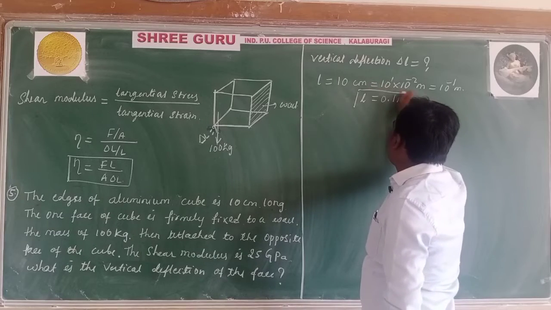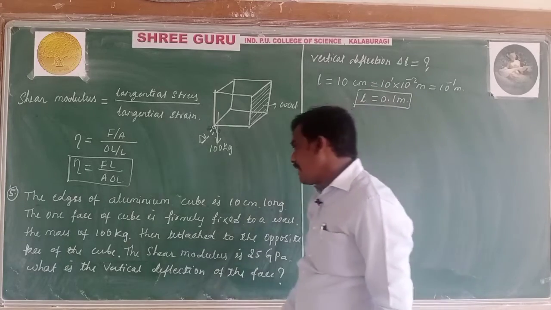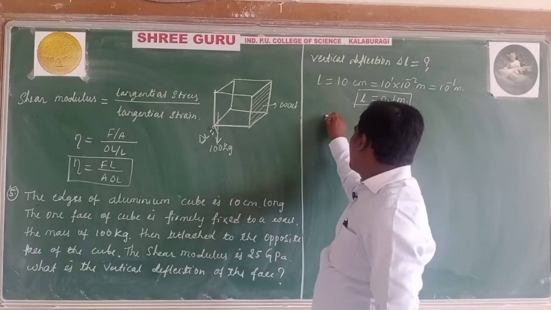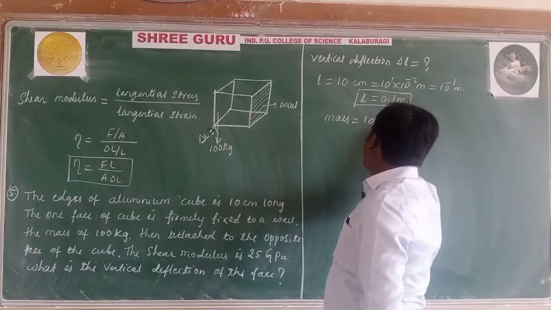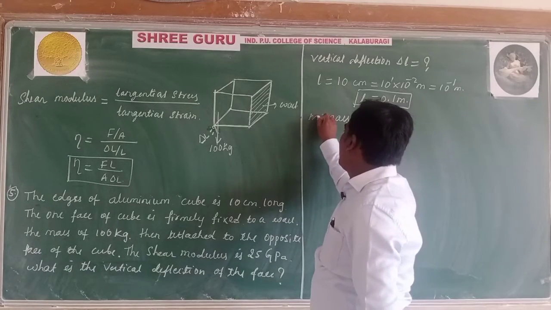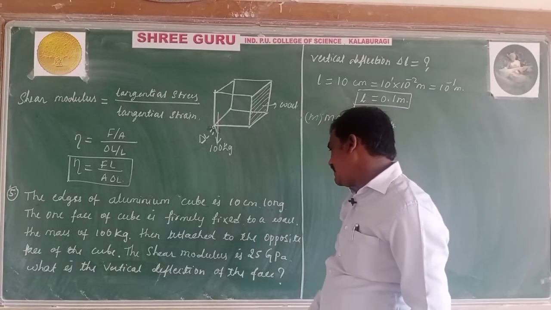The length is 0.1 meter. Then the mass M is 100 kg.